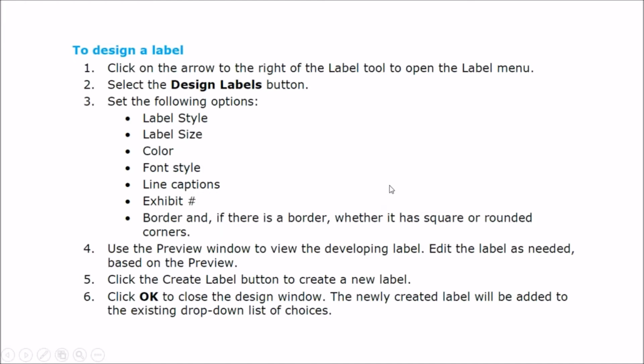So a lot of customization can be done, and you can use a preview window to view the developing label, and then edit the label as needed, and then click the Create Label button to create a new label, or click OK to close the design, and the newly created label will be added to the existing drop-down list of your choices. So if you plan on using labels, it's good to go in there and think those through as to how you want to design those labels and get them ready to go.